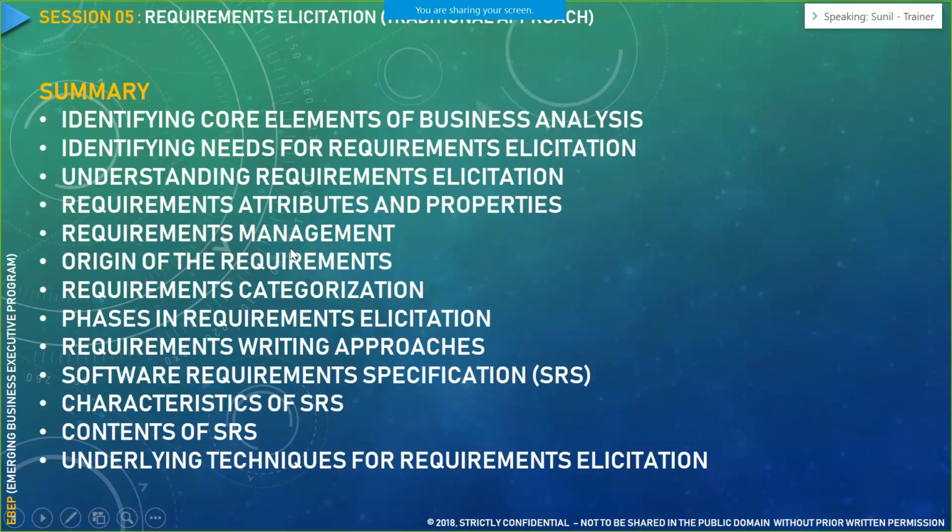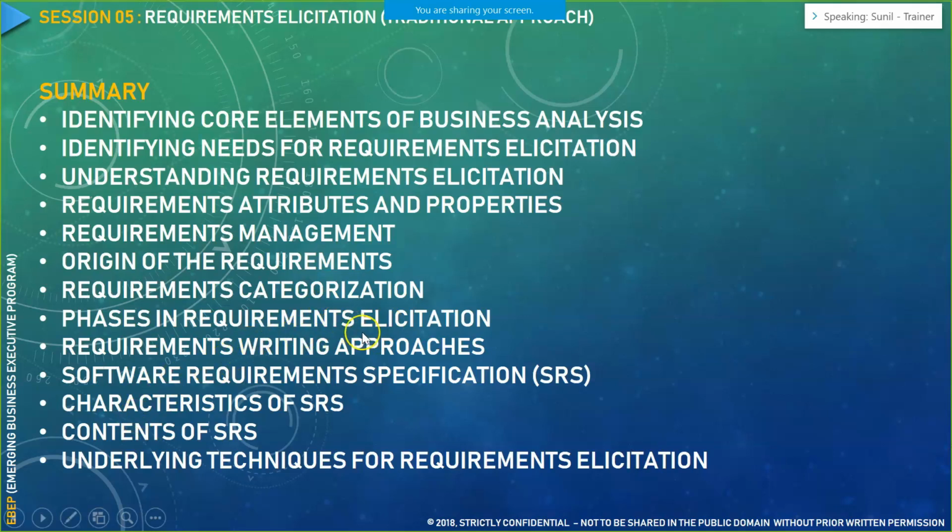We just touched base with it. We will have a dedicated session for it. Then we saw how the requirements originate: user requirements, system requirements, then technical requirements. Then we saw the stakeholder requirements. Then we saw requirement categorization: what are functional requirements, what are non-functional requirements, what are implicit, explicit. So near about 10 to 11 categories we saw.